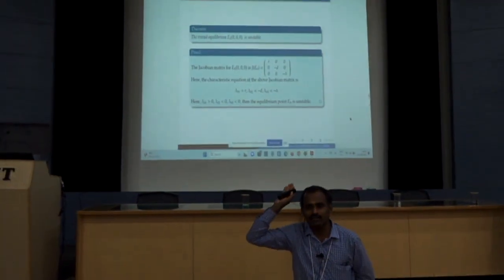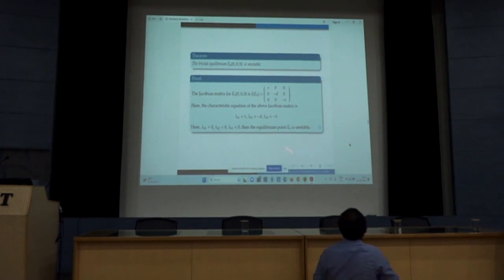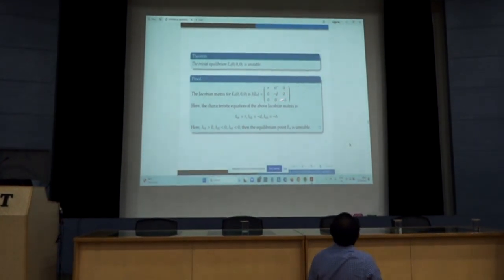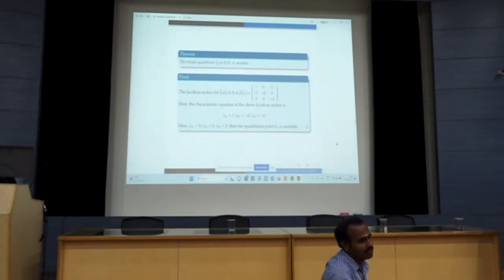So we find the characteristic equation. There is no need to find the characteristic equation for a diagonal system. So the eigenvalues are simply lambda 1 equal to R, lambda 2 equal to minus D and lambda 3 equal to minus delta.